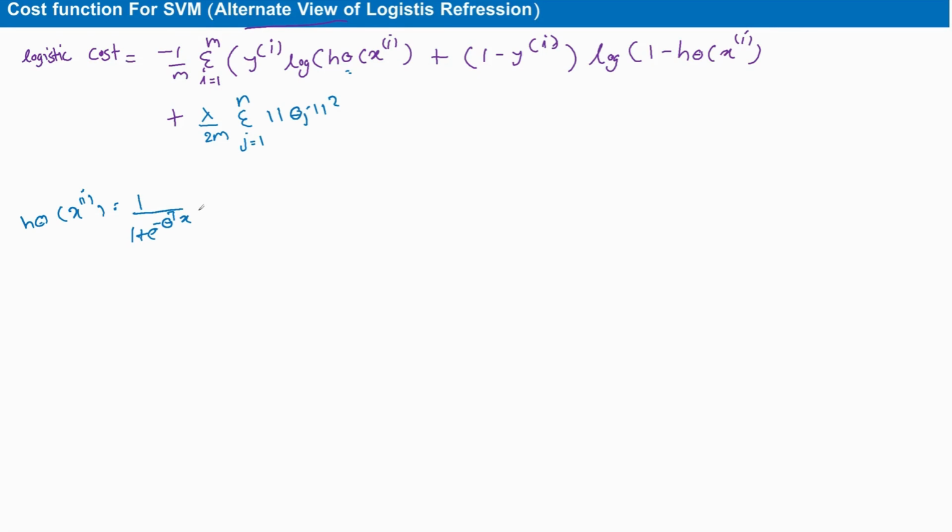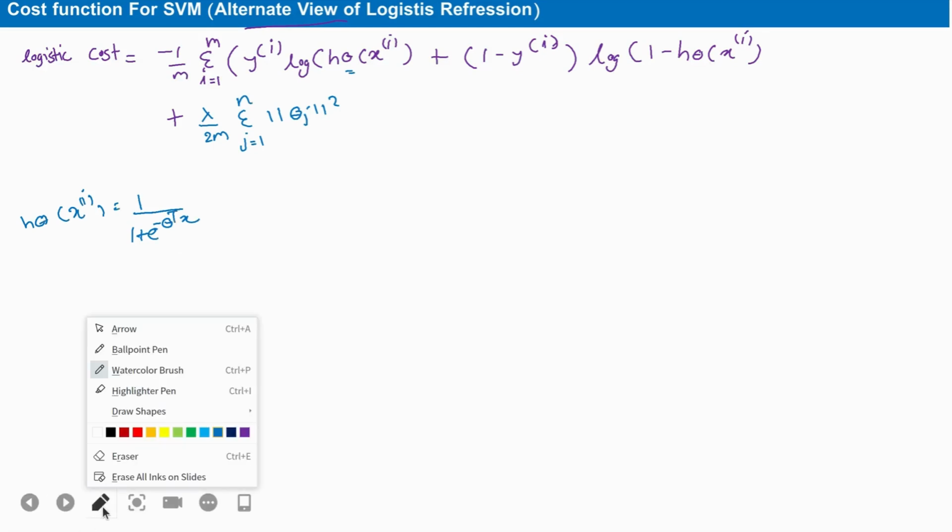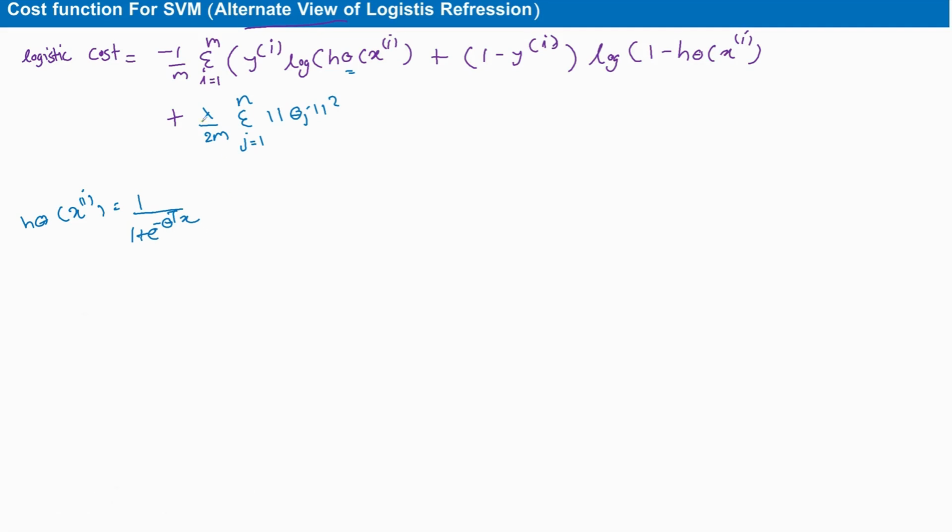If you look at it more broadly, the logistic cost function has two terms. The first term is the cost, and the second term is our regularization term.